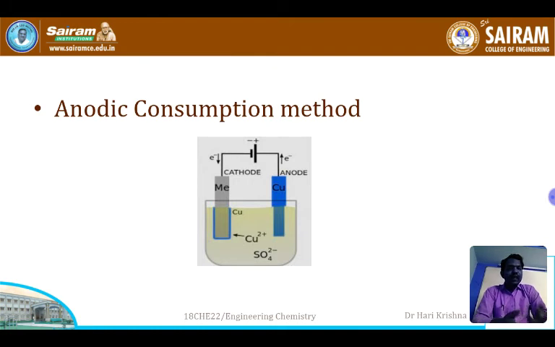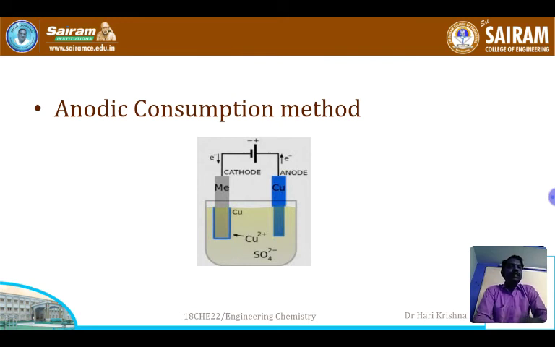So here, for example, let us consider we want to coat copper on the surface of some other metal. The metal which takes the coating is made the cathode, that is the base metal. We want to coat copper on the surface of the base metal, so we make copper the anode as shown in the diagram.